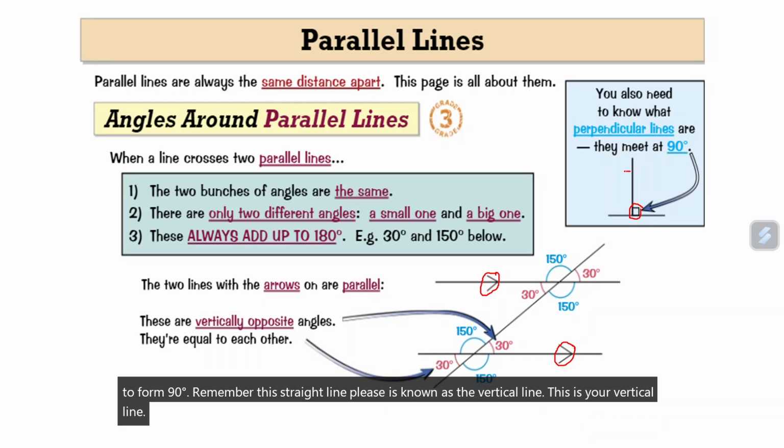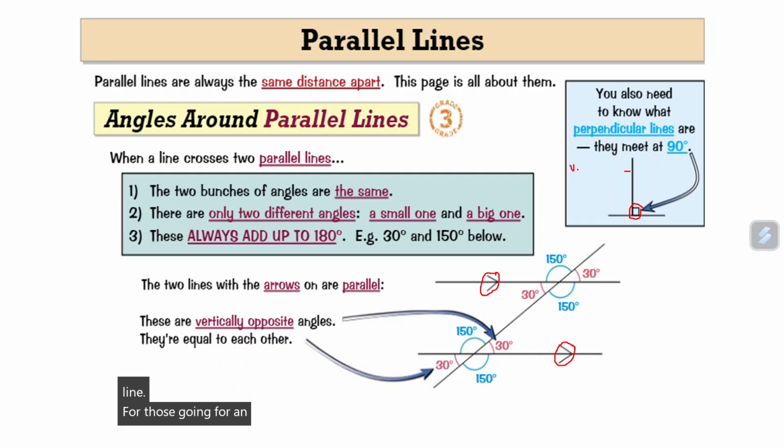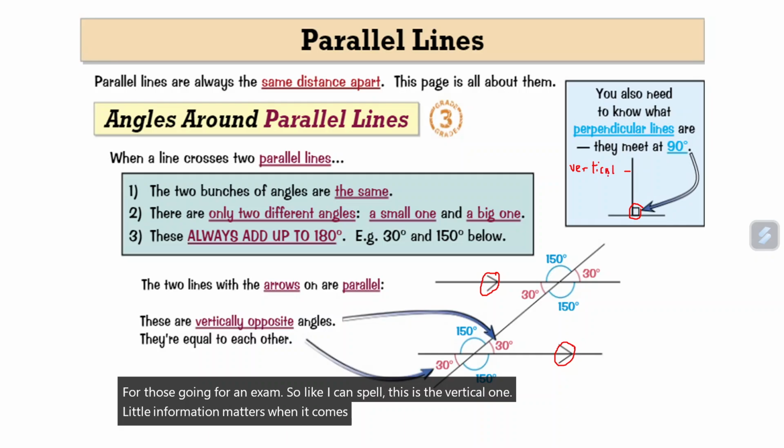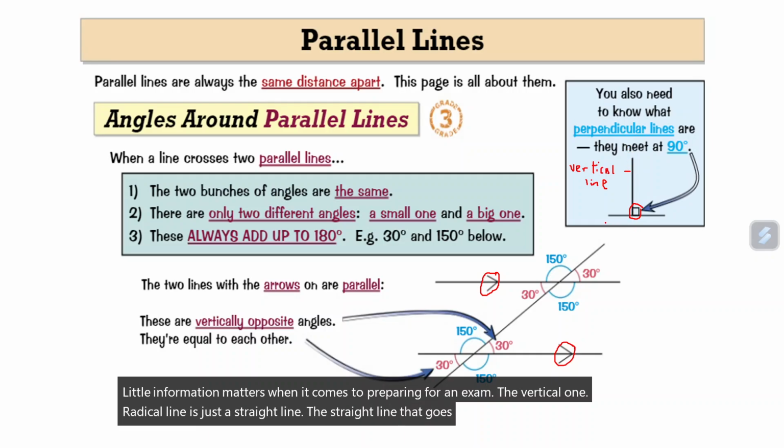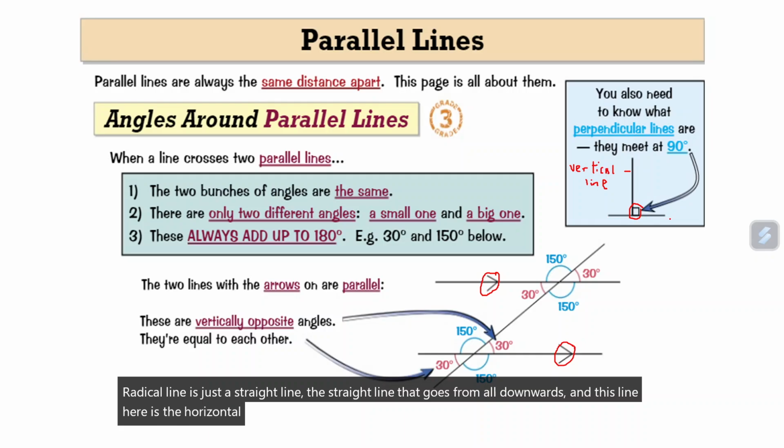I can spell this. This is the vertical line. Little information matters when it comes to preparing for an exam. The vertical line is just a straight line that goes from up downwards. And this line here is the horizontal line.